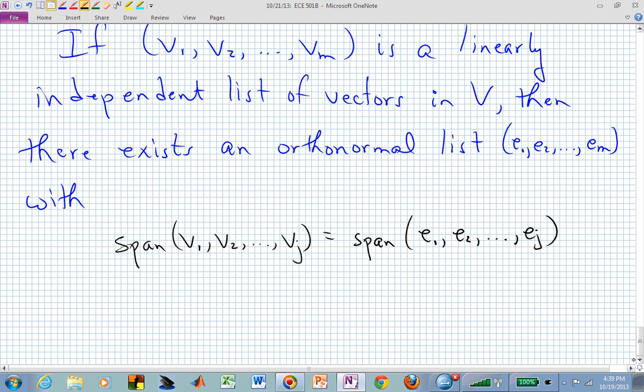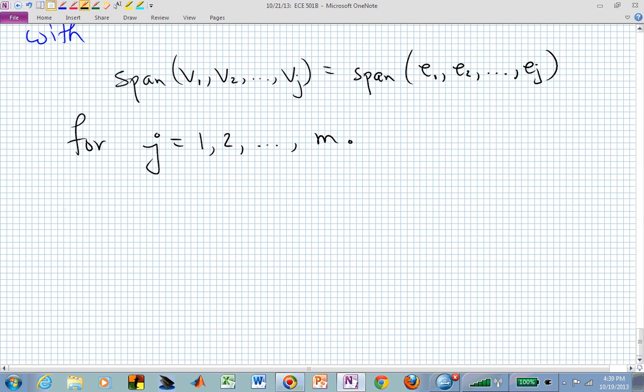And this is true as we step through or build up from V1, we go to E1, V2, we go to E1, E2. This is true for all j up to the final value on our index of that linearly independent list, which was little n. Let's now prove that.